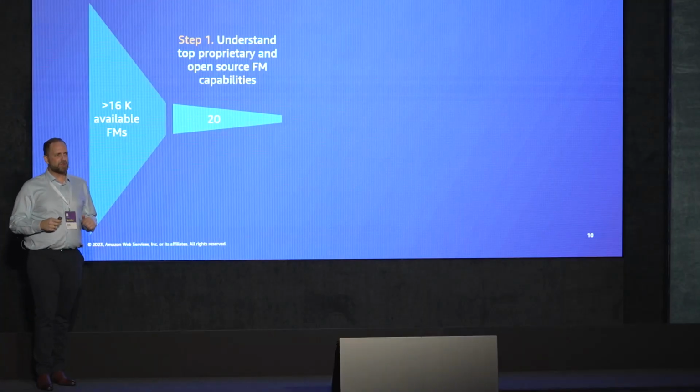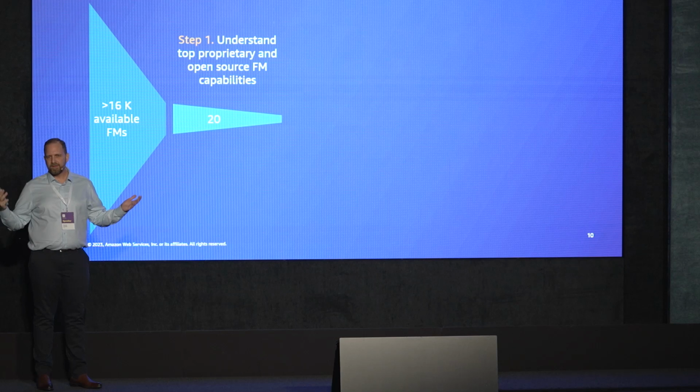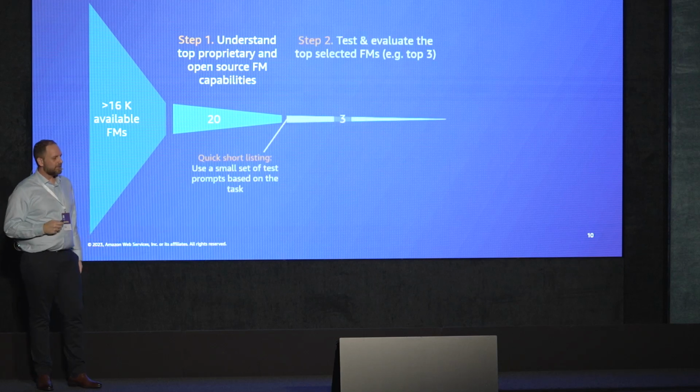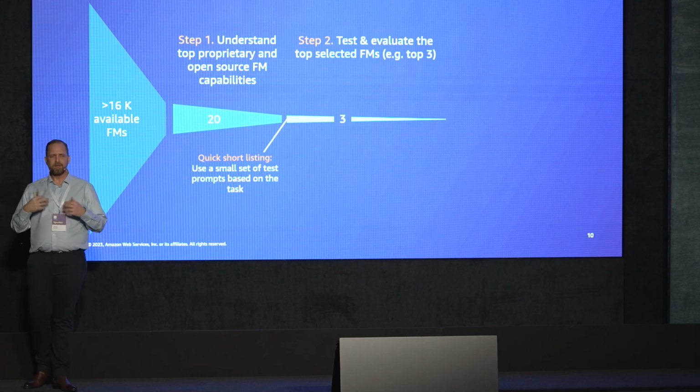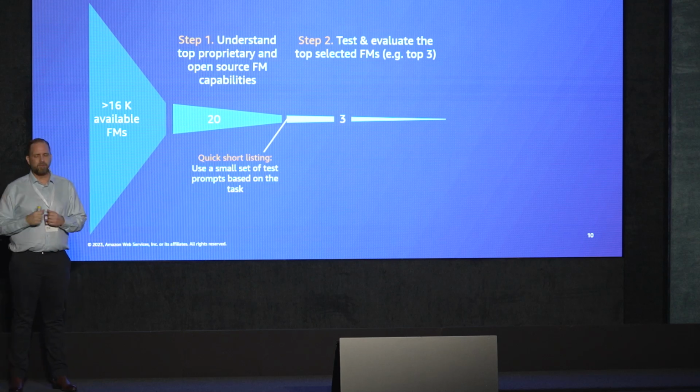Then, for each use case that arrives, for example, I want to build a summarization use case, what I need to do is select the top 3 models in order to evaluate if they can solve my problem. Now, out of these 3 models, I need to run intensive evaluation. Why? Because it is really important to give back the right answers, right?